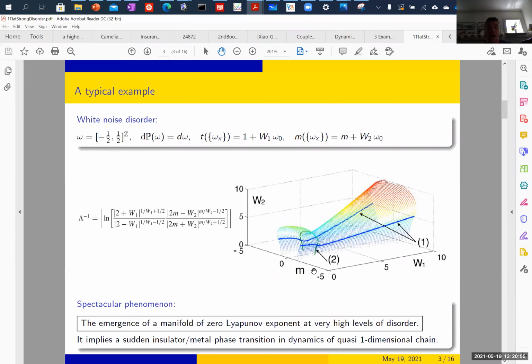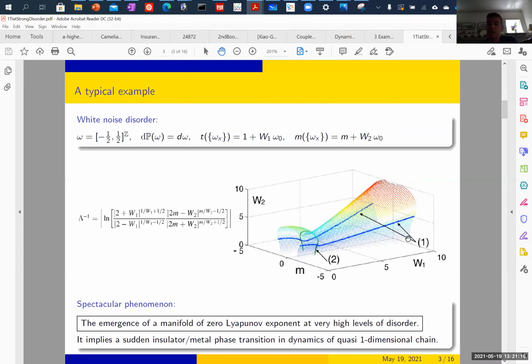And these happen at really large, actually as large as you want, random fluctuations in the coefficients. Now you can be sure that at these levels of randomness, there is no gap left. So the question is, why is this manifold coming out?